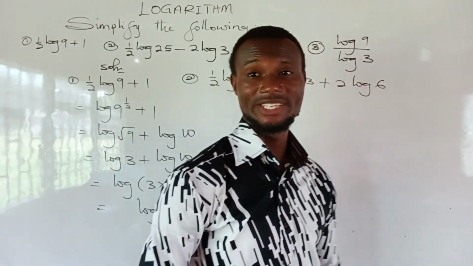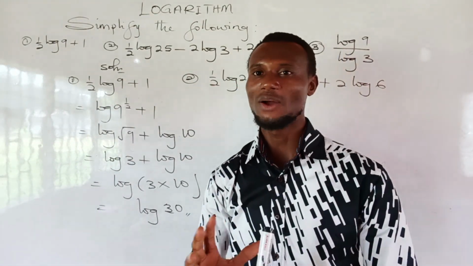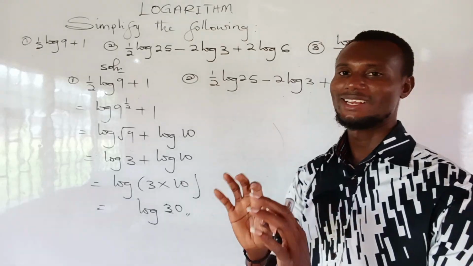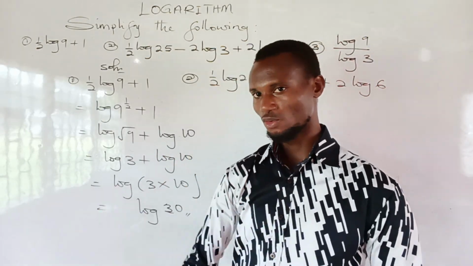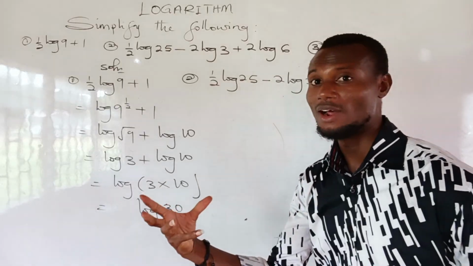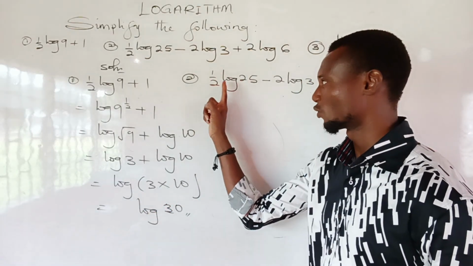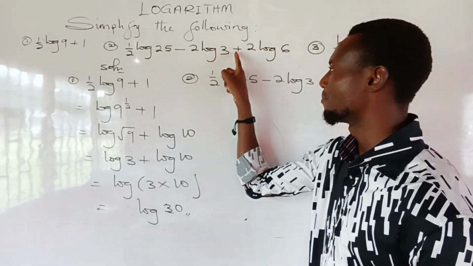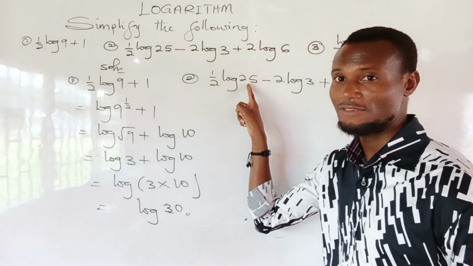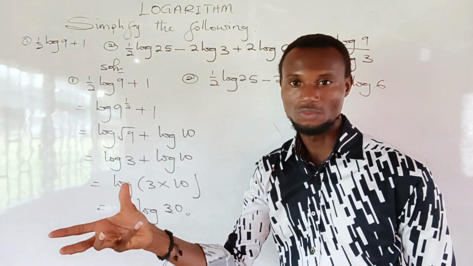In this question, you can see that we are going to apply all 3 laws of logarithm. First is the power rule, or the power law, because I'm seeing 1 over 2, which is a coefficient to the log here. So it means that 1 over 2 will move and become a power to the 25, which is here. That's the power rule or law.